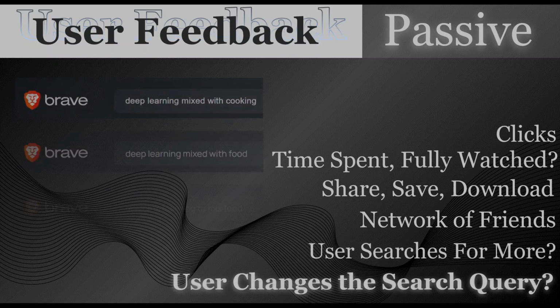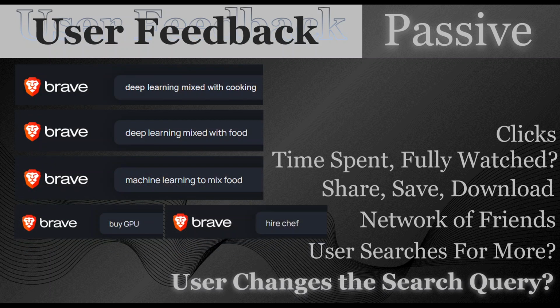The next item is whether the user changes the search query. If you search for the first query and discover some results, do you change the query because you probably weren't satisfied with the content provided, and you try to fine-tune the query to get a better result?